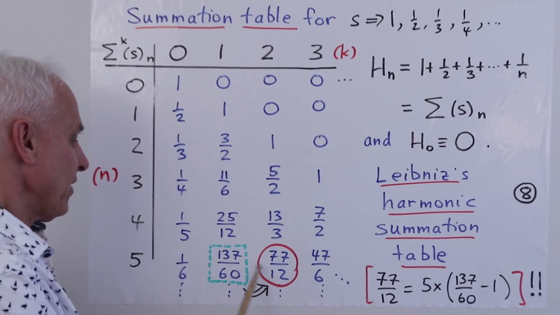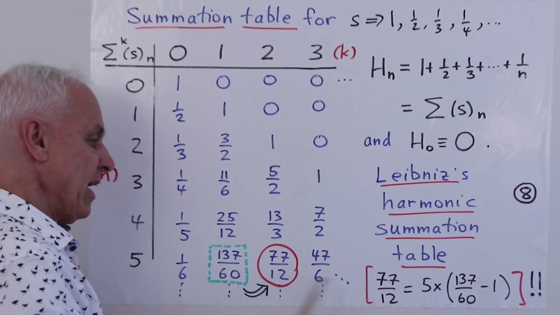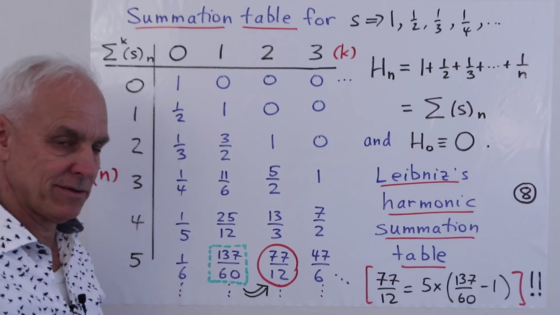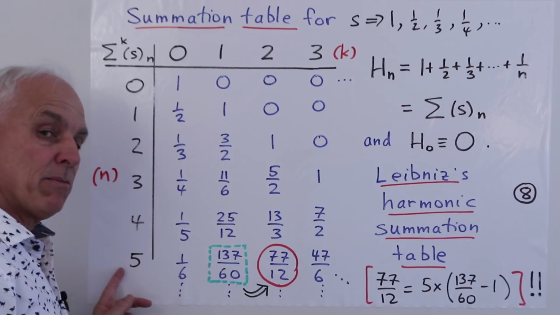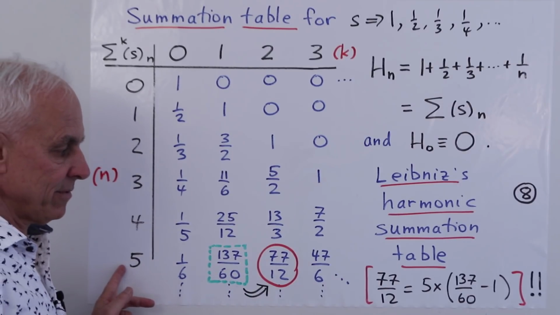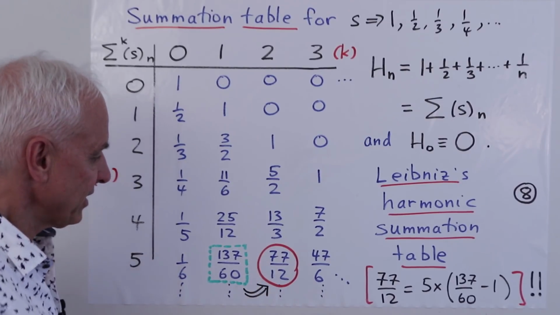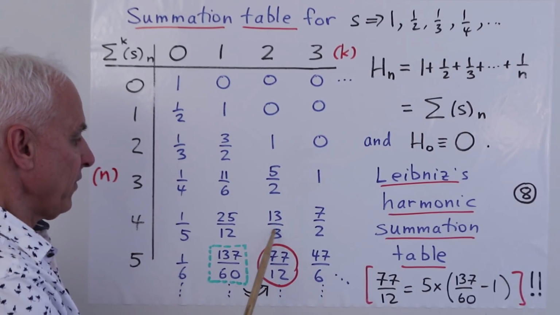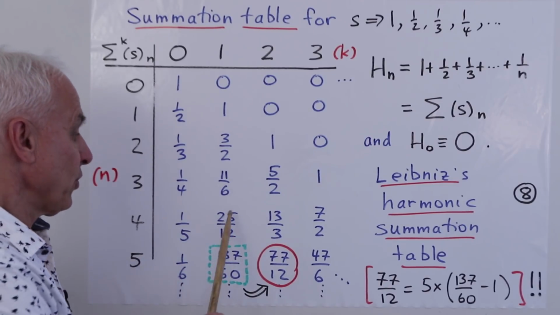And that's to take this entry here, which is 137 over 60, and subtract 1 from it. That would give us 77 over 60, and then multiply by 5. That would be 77 over 12. Does the same thing work over here? If we take 25 over 12 and subtract 1, we get 13 over 12.